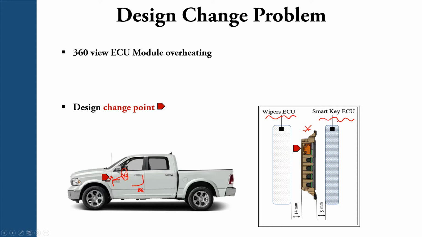So two ECUs that are generating heat are right beside that ECU module, and I can say that's not a good engineering location for that module, especially if it's producing a lot of heat and there's no active cooling like a fan in that module, then there is a problem.